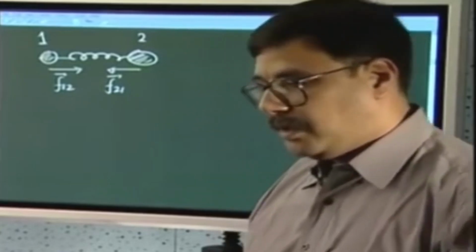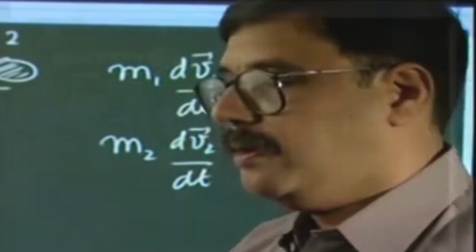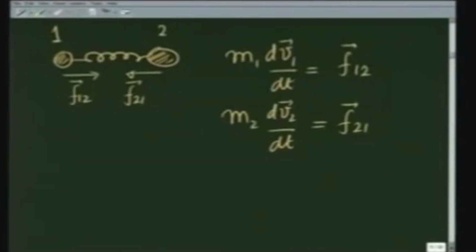If I write the Newton's second law equation for each mass, I am going to have m1 dv1/dt is equal to F12, and I am going to have m2 dv2/dt is equal to F21. But by Newton's third law, F21 is going to be opposite and equal to F12. So the magnitudes are the same, the direction is opposite.